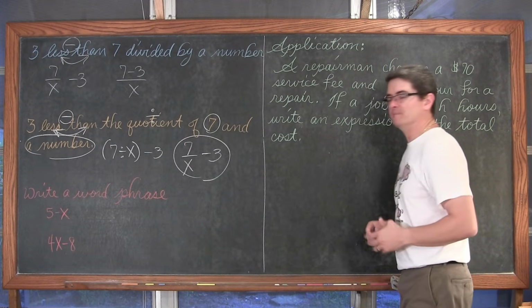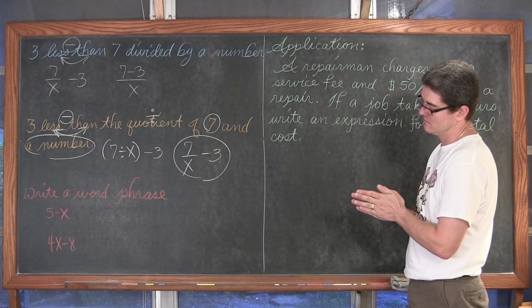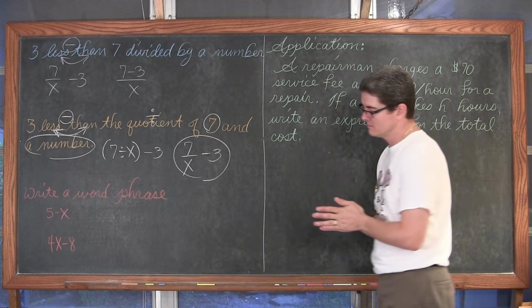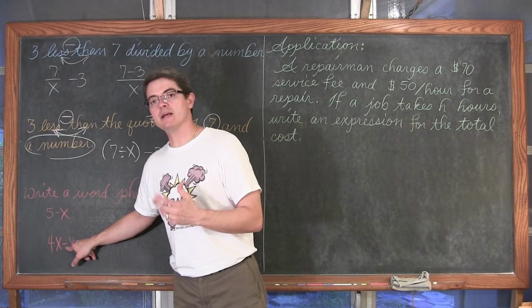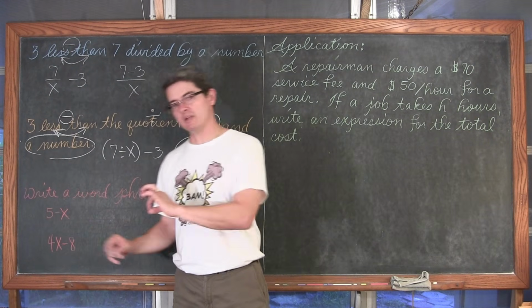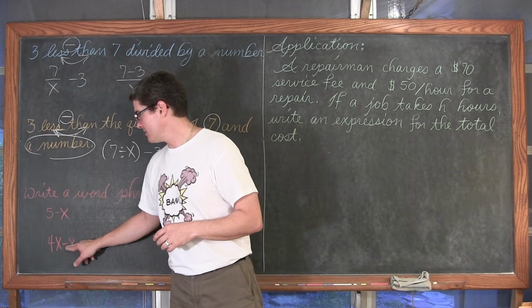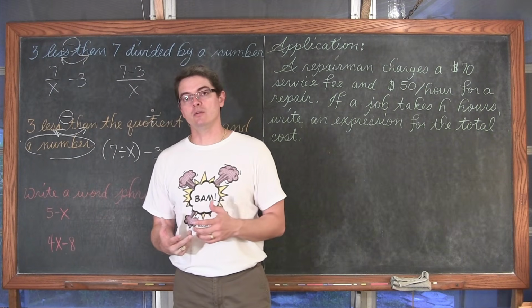Now, what about the bottom one? How about just 8 less than, and to make sure that we understand that the 4x is clearly together, how about 8 less than the product of 4 and an unknown value.